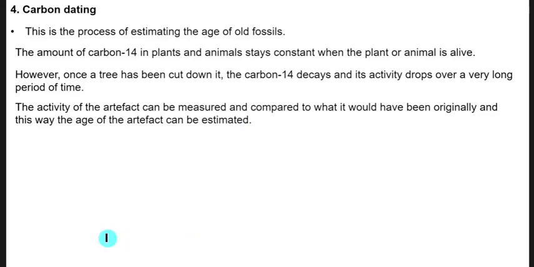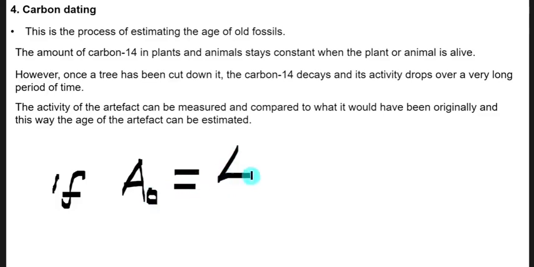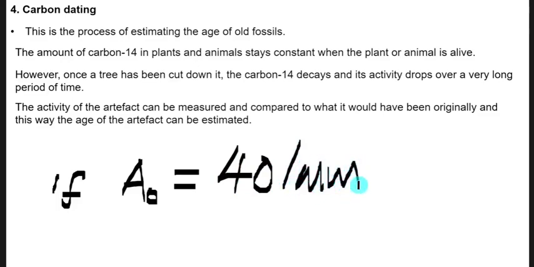Let me give you a scenario. If the tree, when it is alive, has an original count rate of, let's say, 40 decays per minute. That's what its count rate always is.